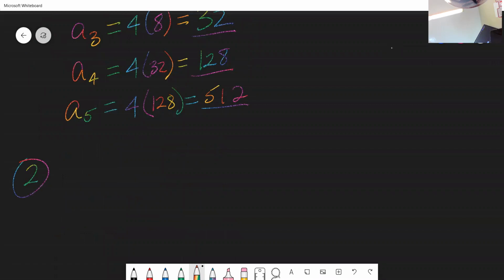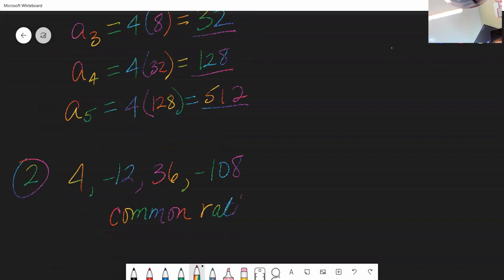All right, so for this one, tell me my common ratio of this sequence. 4, -12, 36, -108. Your common ratio, otherwise known as R, equals -3.